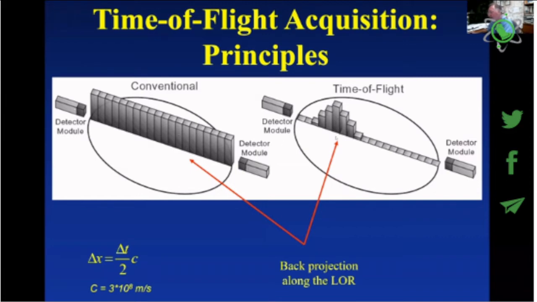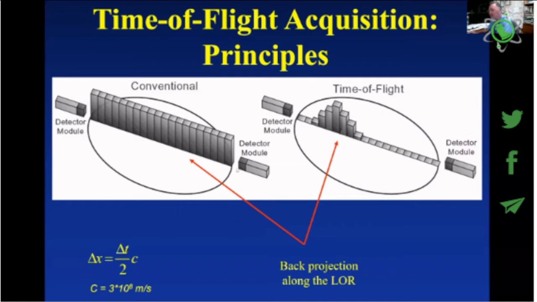Whereas in time of flight, in addition to capturing an event occurring in this detector and an event occurring in that detector, we also capture the time that these events occurred. And by identifying the time of arrival of these events into these detectors, we can then pinpoint where the event occurred with better accuracy.